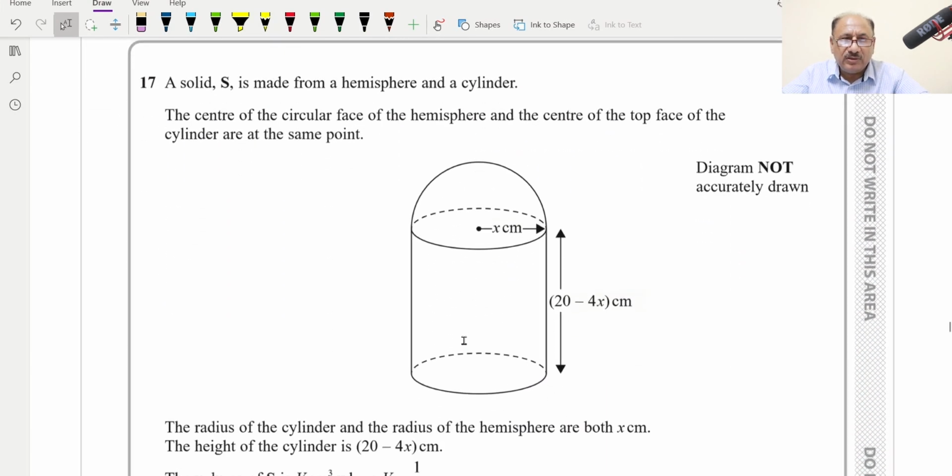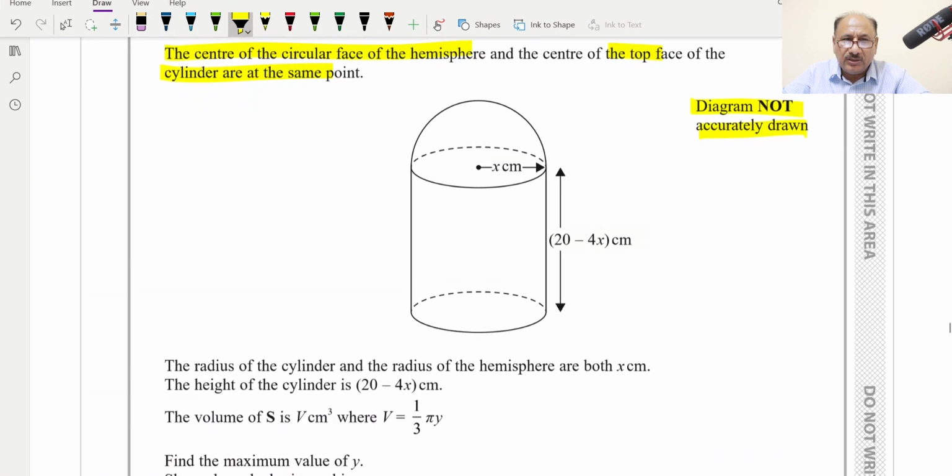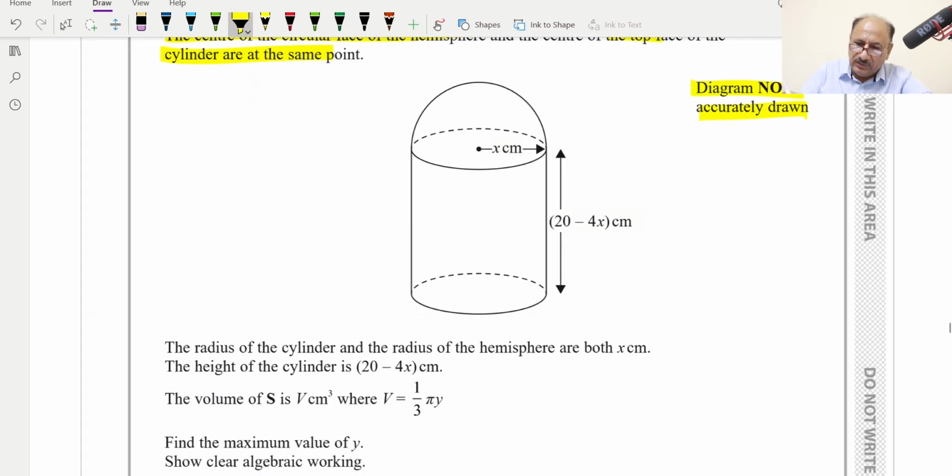Now question number 17. Question number 17 says a solid S is made from a hemisphere and a cylinder. The center of the circular face of this hemisphere and the center of the top face of the cylinder are at the same point, and the diagram is not accurately drawn, and this is the diagram.